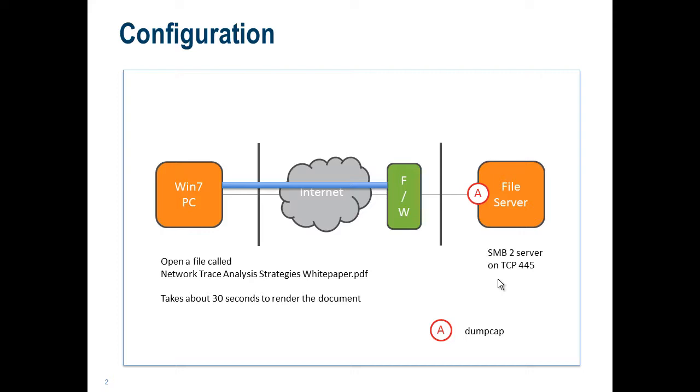We try to open a PDF in Adobe Acrobat Reader, Network Trace Analysis Strategies whitepaper.pdf, and this takes about 30 seconds to open. We've traced the network activity during this time using dumpcap running on the file server. So let's have a look at that trace file.